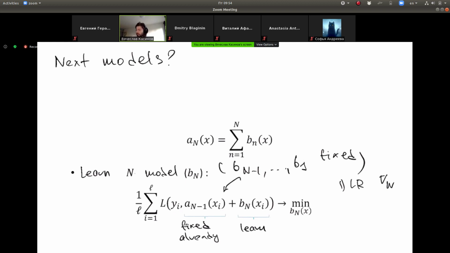But it doesn't make much sense to learn boosting of linear models. Usually we learn to boost trees, and so this problem is very modified for tree. So somehow we need to modify our loss, our training procedure.